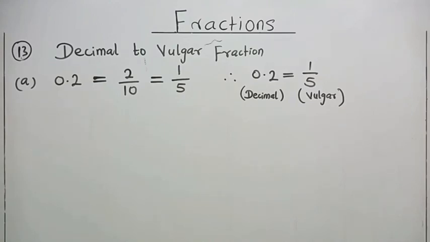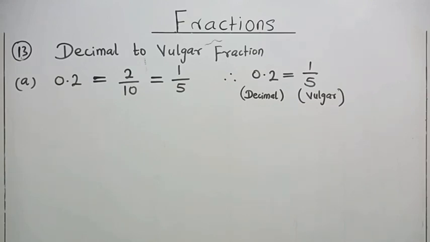Just by interpreting the decimal fraction, we were able to get the vulgar fraction. As simple as that. Therefore, anytime you want to convert a decimal fraction to vulgar fraction, it is as simple as what we get after interpreting that decimal fraction and rewriting it in a vulgar form. And if possible or necessary, you convert it to its lowest term.